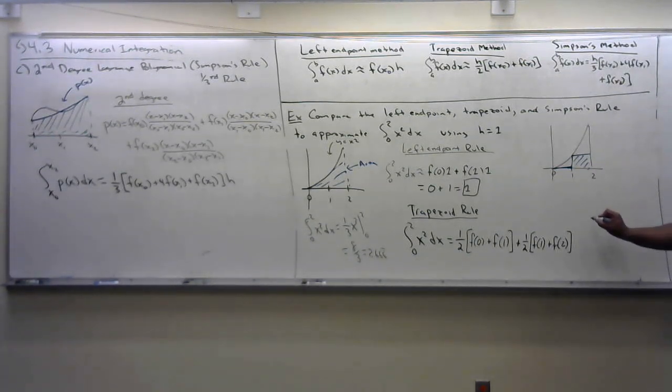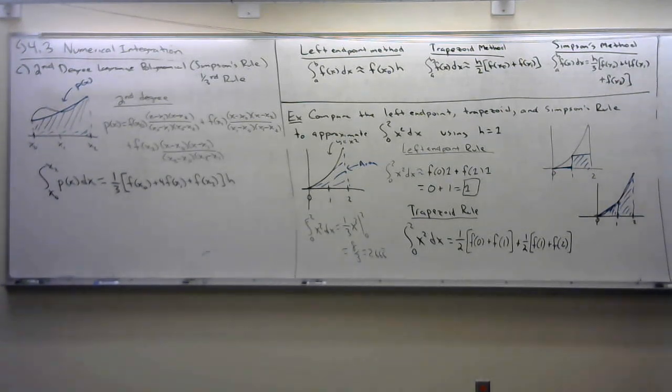If I were to draw a picture right here, it's 2, it's 1, it's 0. My trapezoid method is going to do something like this. Look at the area here, and then from here to here, look at the area here.